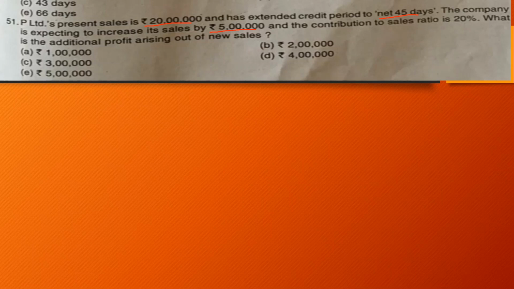What is the additional profit arising out of the new sales? It's very easy. This type of question may be asked in exam. तो क्या पूछ रहे हैं कि additional profit, 20 लाख sales है वो अगले साल बढ़ने वाला है 5 लाख से. Okay, so they are asking कि एडिशनल प्रॉफिट कितने होने वाला है.